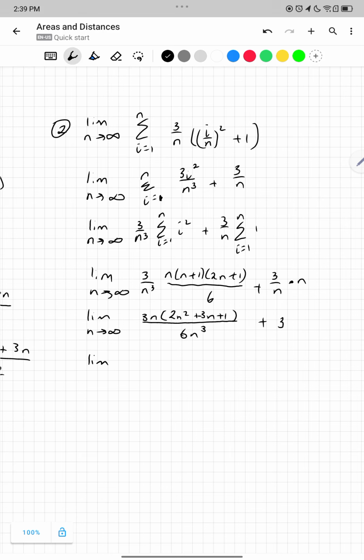So it's going to be the limit as n approaches infinity of 2n cubed plus 3n squared plus n all over 2n cubed plus 3.